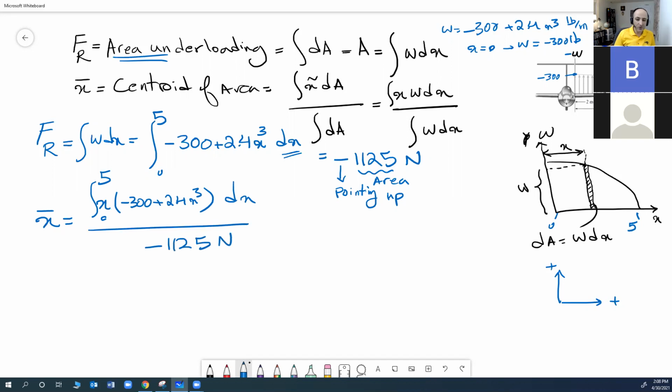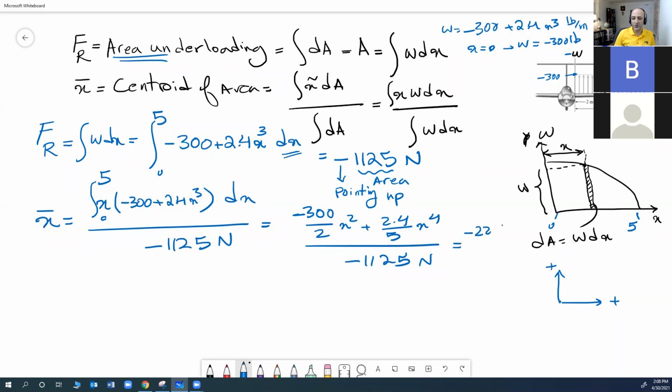If you do the integration, you're going to get minus 300 over 2 x squared plus 2.4 over 5 x to the fifth, evaluated from 0 to 5. So this is going to be minus 2250 Newton meters over minus 1125 Newtons. That's going to give you x bar equals 2 meters.